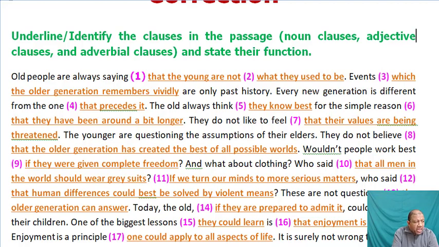For the simple reason that they have been around a bit longer. That they have been around a bit longer, this is another noun clause. But it's a little bit tricky here. You should pay attention, because here it is preceded by for the simple reason, and therefore it is an appositive noun clause.